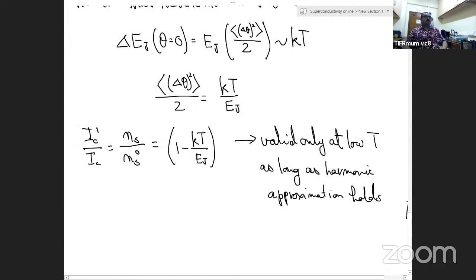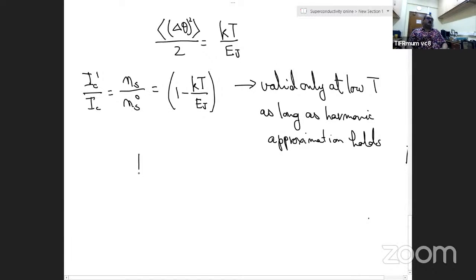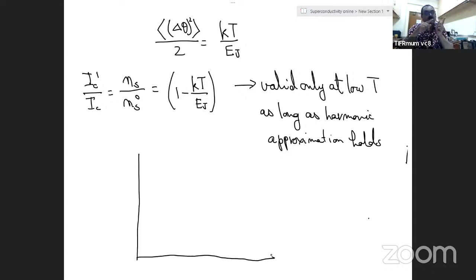Okay. Now, what does this mean? This means that, remember that now when I am doing this phase fluctuation, I am pretending that quasi-particles don't exist at all. So I am considering only the phase degree of freedom, and on the other hand completely ignoring the quasi-particle degree of freedom, the fact that some of the pairs will get depaired, I will have quasi-particle excitations.